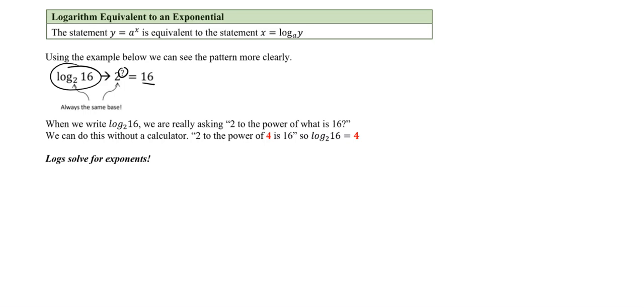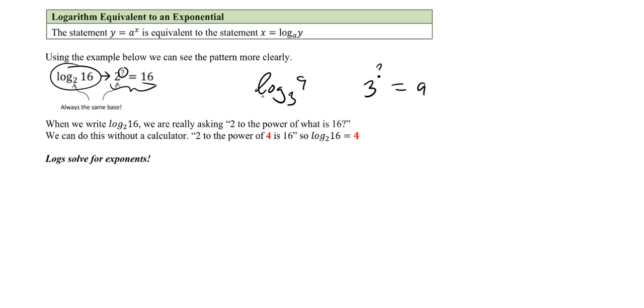So let's try another one. What if I said log base 3 of 9, right? So what this is really saying, if we were going to write this out in exponential form, is 3, our base, to the power of what is equal to 9.